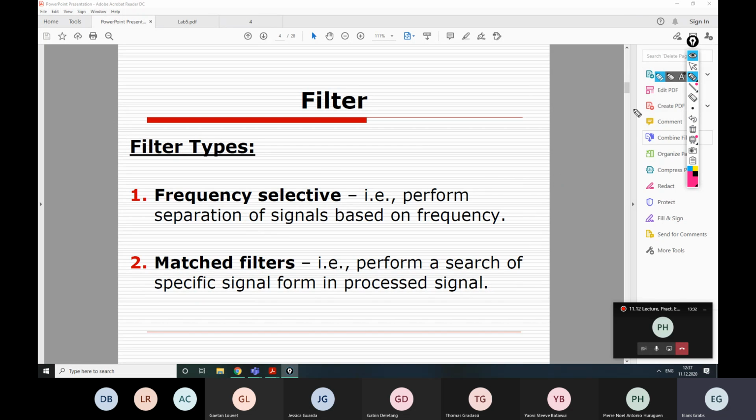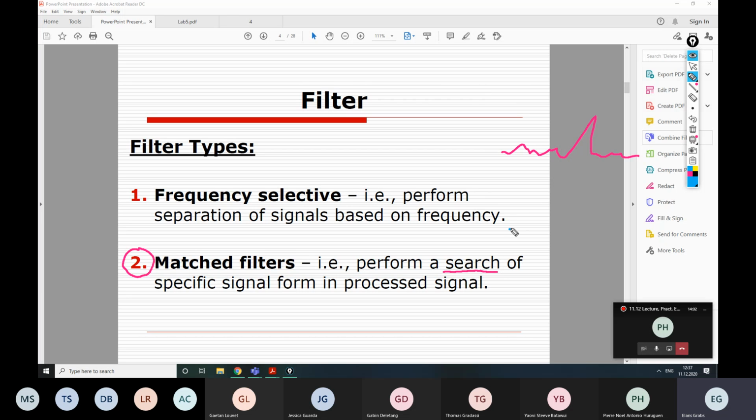There are also other types of filters, and there are more than 2 types, but we will be most interested in matched filters today. Those are used to perform a search for some specific pattern in our signal. So consider that we have some noisy signal, and we need to find this part in that signal, right?